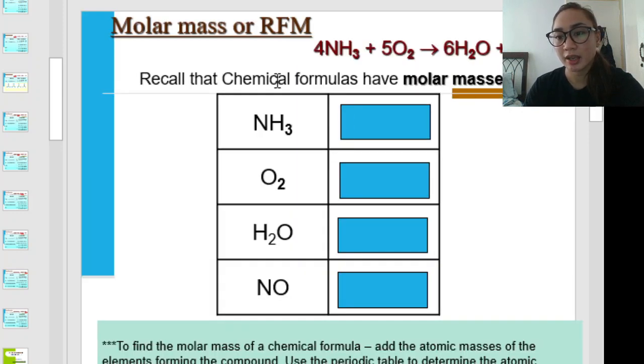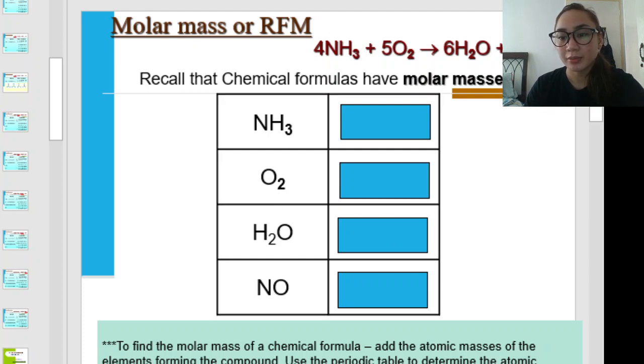So, recall that chemical formulas have molar masses. So, here, ang hinahanap lang natin po for molar mass is per compound, no? Hindi kasama yung mga coefficient natin. So, just remember that, hindi kasama po yung ating mga coefficient. Kasi baka madoble kayo ng computation, magkakamali kayo.